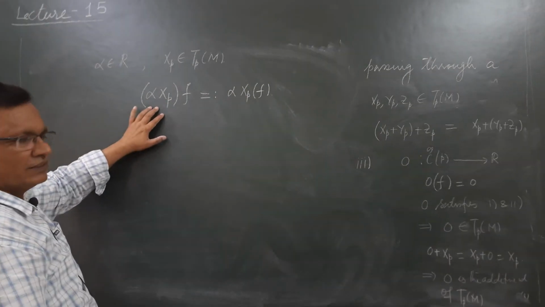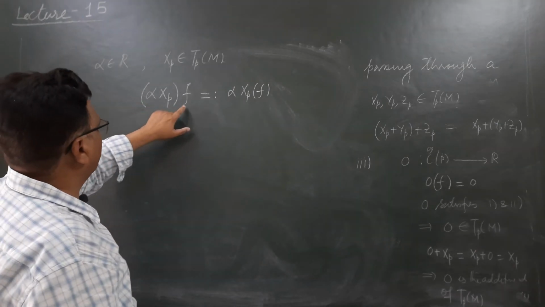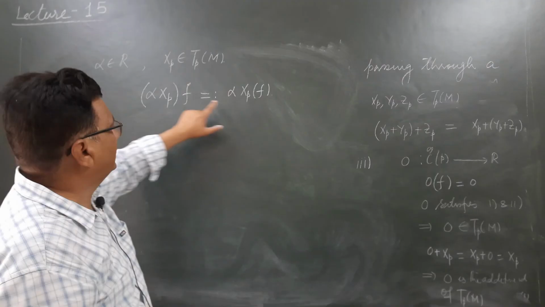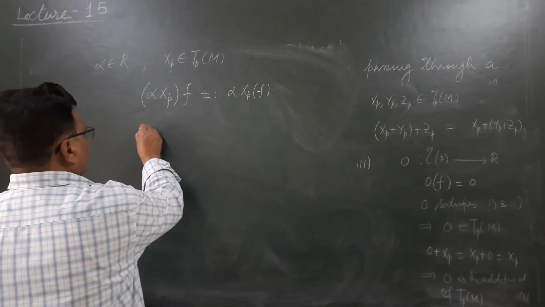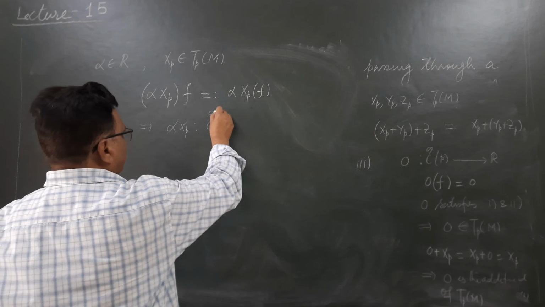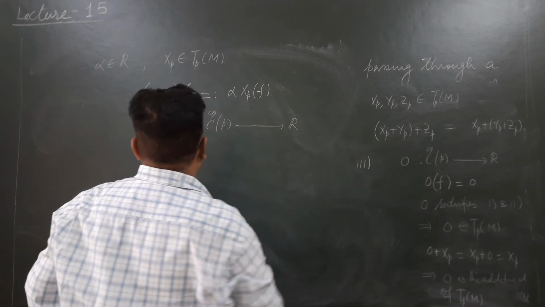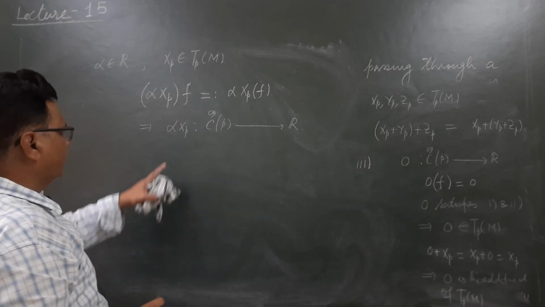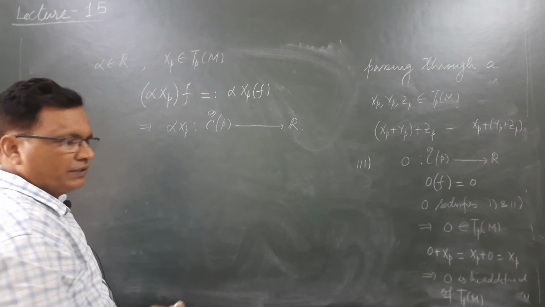So this object is such that when it operates on a function, it produces a real number. Okay? So this implies that alpha xp is a map from C infinity of p to R. Okay. So to show that it belongs to TpM, we must verify those two properties.